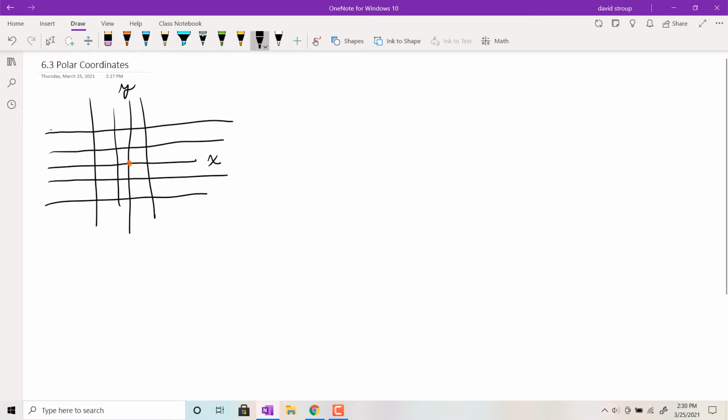You would move over by 1 and then go up 2, and that would be your point. So you can describe any point on this grid system by using two numbers. One tells you which way to go in the x direction, one tells you which way to go in the y direction. Okay, so this is the rectangular coordinate system.